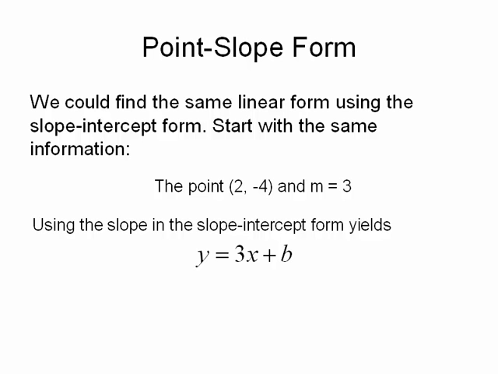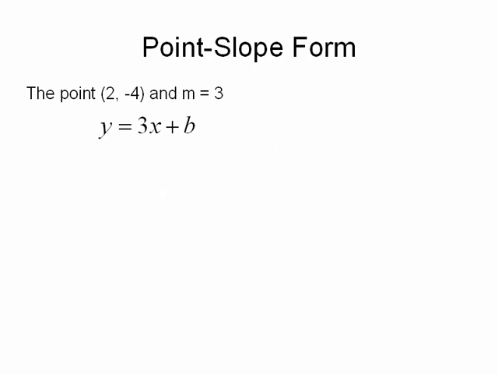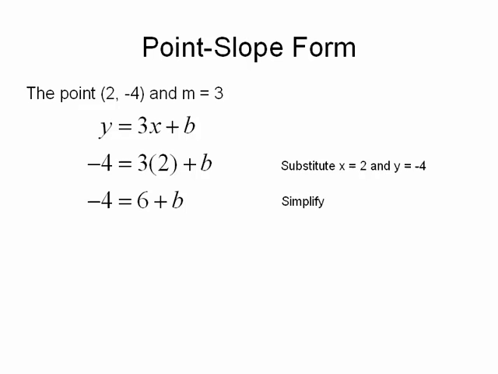If we use the slope in the slope-intercept form, that yields y equals 3x plus b. To finish the problem, we need to find the value of b by substituting the point (2, -4) for x and y. So when we put that in, we get -4 equals 3 times 2 plus b.